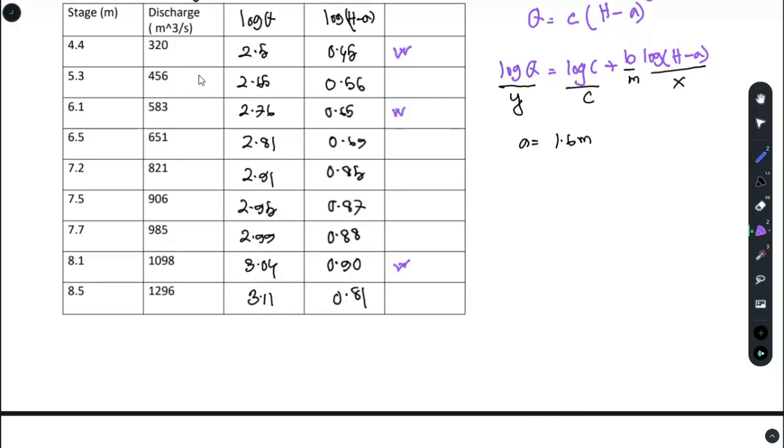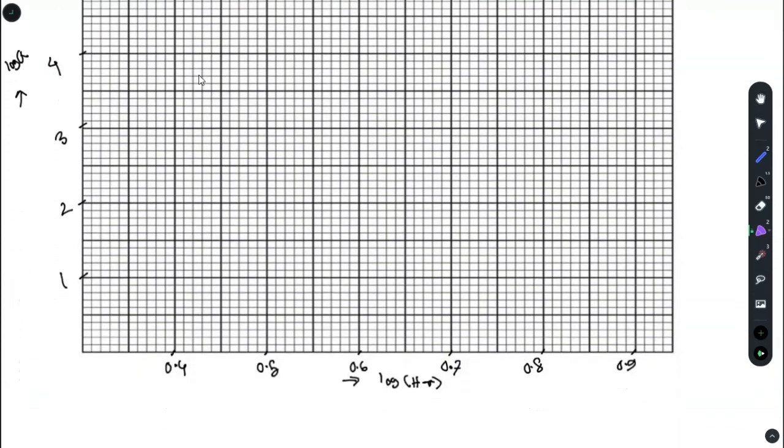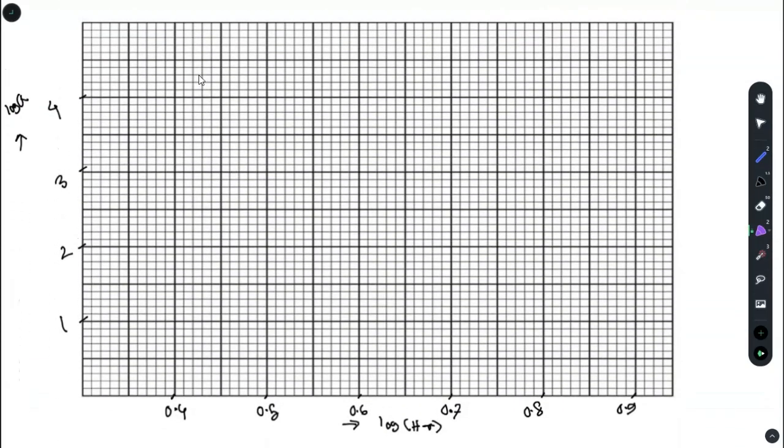And for you, you will draw all the points. But for me, I'll draw a few points. So my first point is 0.45, and for that I'll get 2.5, which is exactly this point.